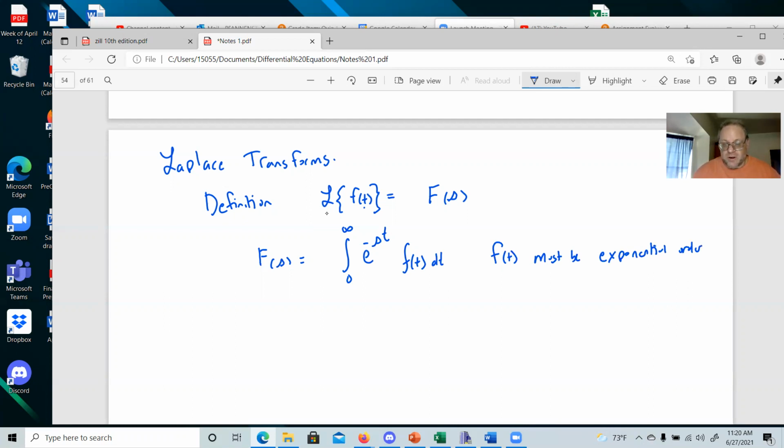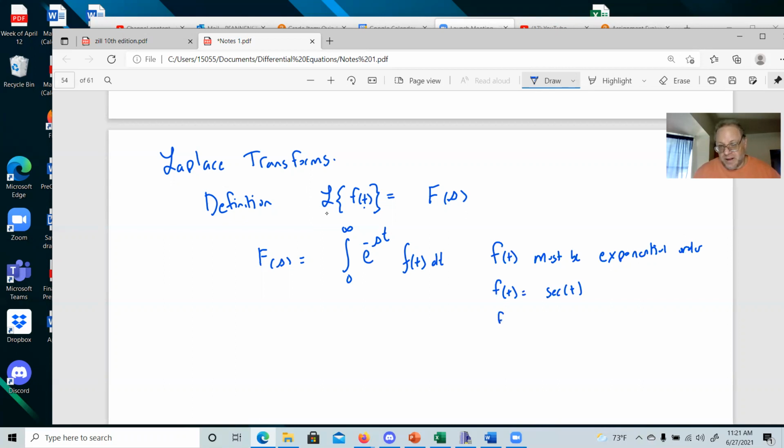So if your f of t happens to look something like secant t, well, look at the limit as t goes off to infinity. Secant is not a very nice function for that. Every time you get to a pi over 2, 3 pi over 2, 5 pi over 2, this thing shoots off to infinity.